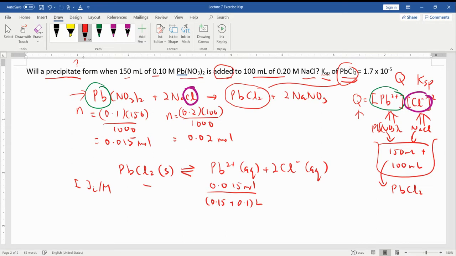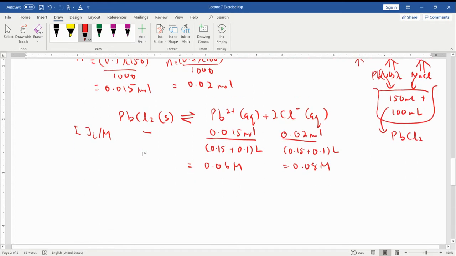So the volume has to be the total volume. Then this one is 0.02, which comes from sodium chloride, over 0.15 plus 0.1. So the answer will be 0.06 molar and 0.08 molar.